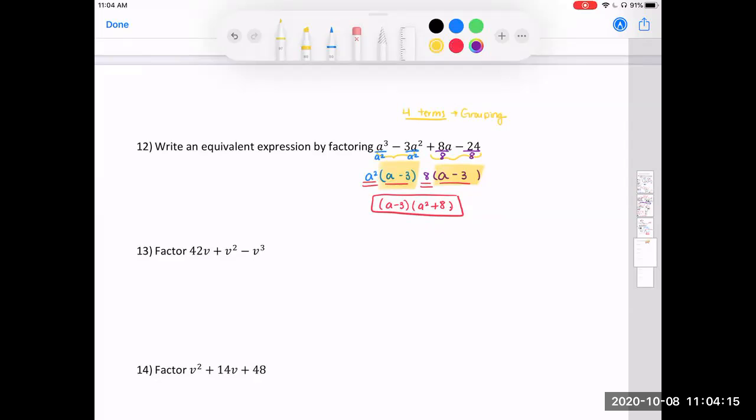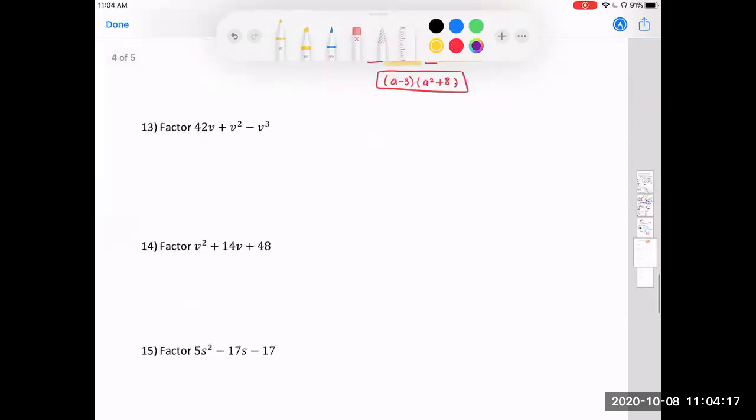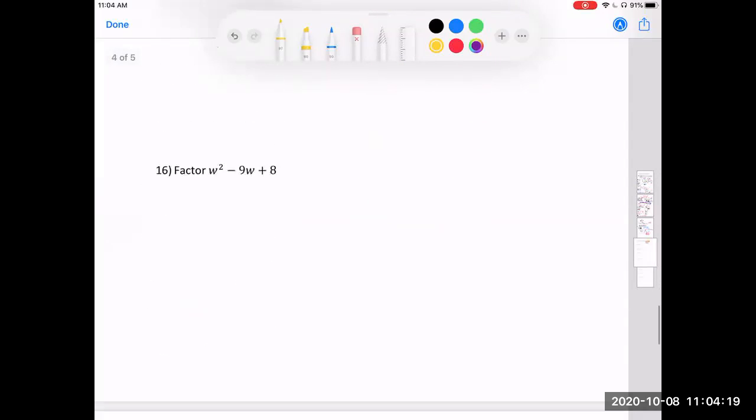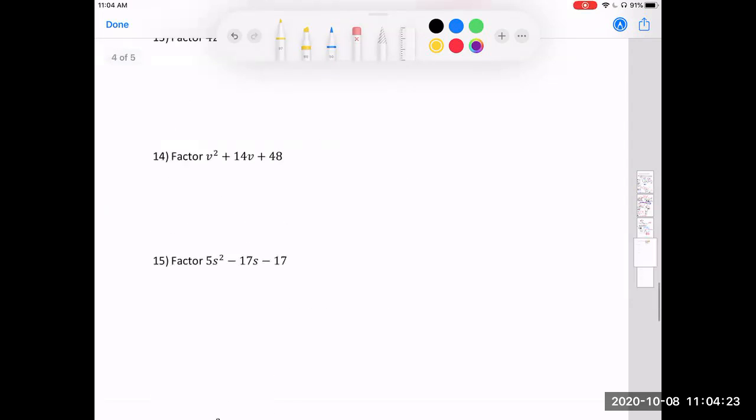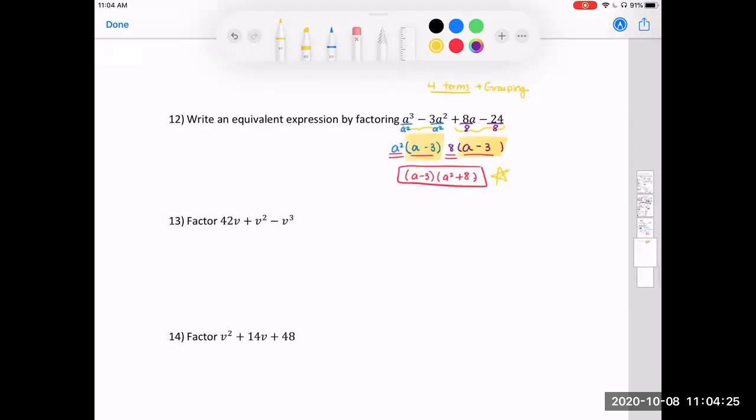Now I'll come back to this one, because we can potentially factor a bit more, but I want us to see it first.